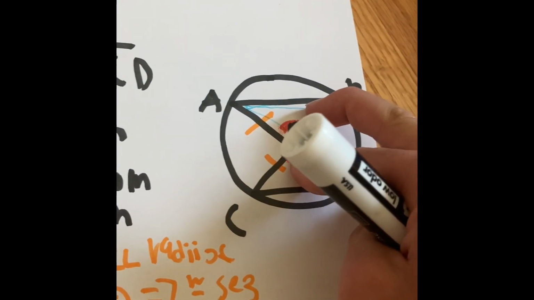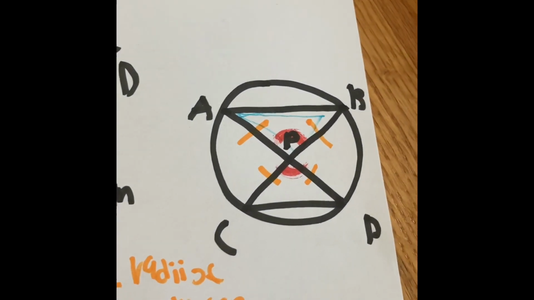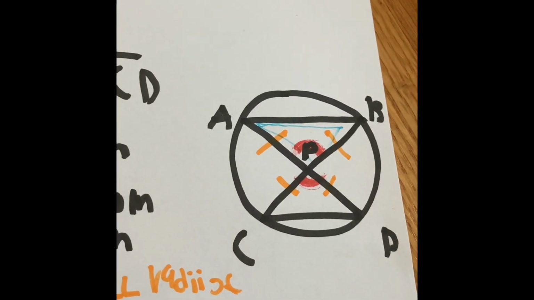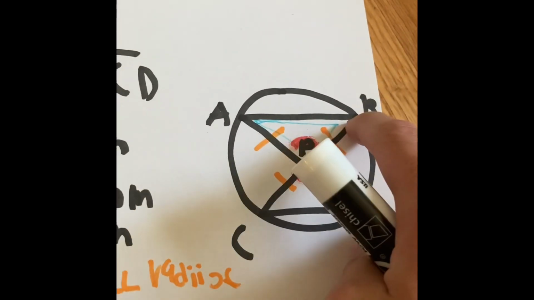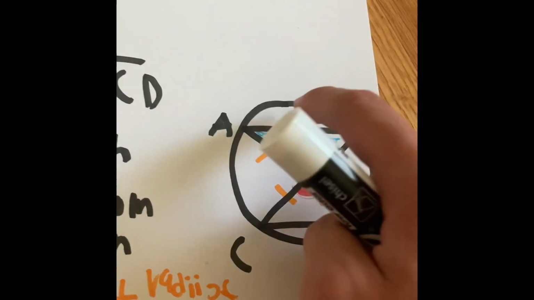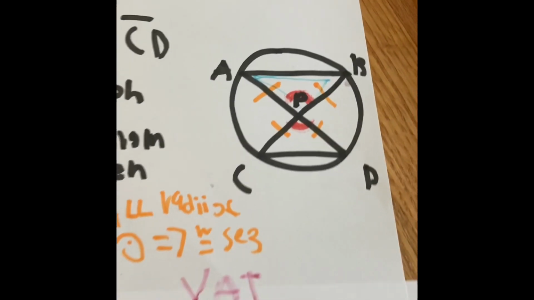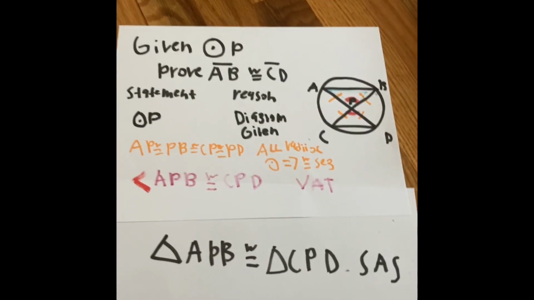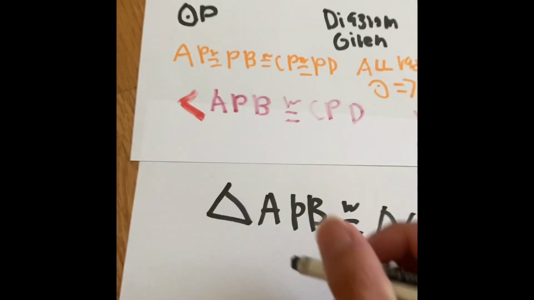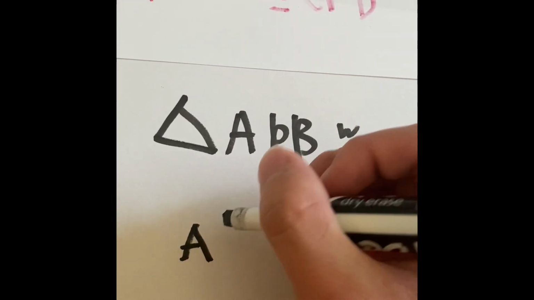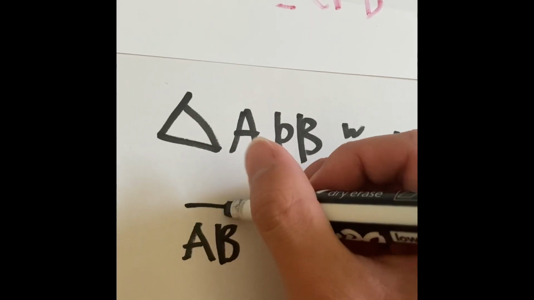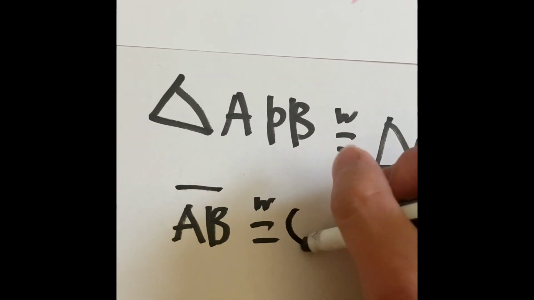But hang on, we don't want two congruent triangles. We're trying to find out if segments AB and CD are congruent. So that and that right there. But there's one more theorem that we can take a look at. We can finally finish the problem and say that AB is congruent with CD.